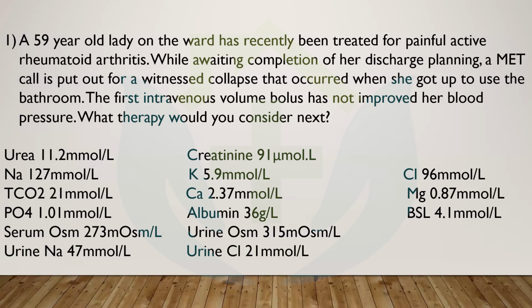These are the labs given. From the labs, you have to tell what next therapy we have to give to this patient. Urea 11, and sodium hyponatremic at 27. What is the CO2? This is the bicarbonate, 21.